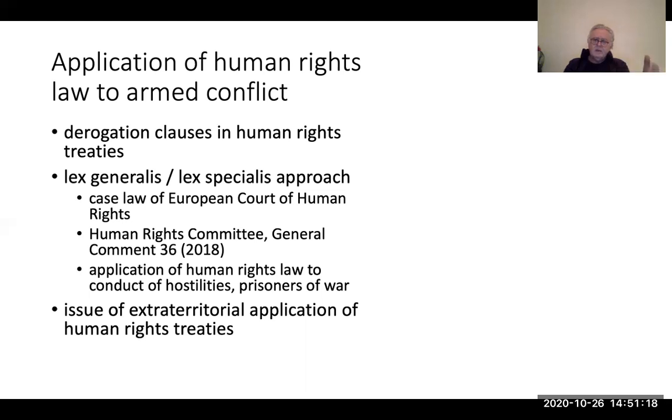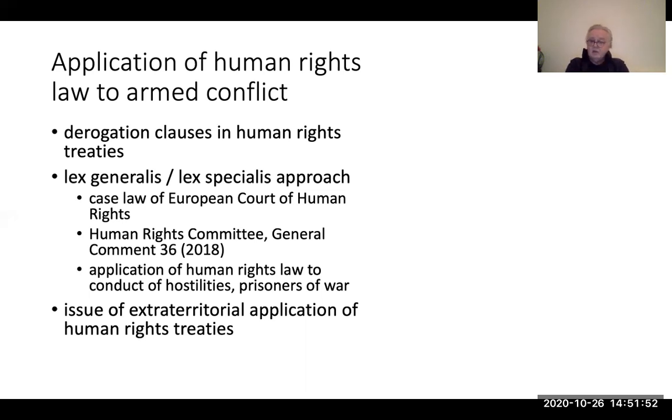Well, the issue first arose in a judicial sense before the International Court of Justice in the mid-1990s, when there was an application for an advisory opinion. It came from the General Assembly of the United Nations to the International Court of Justice about the legality of the use of nuclear weapons. And when it came to the court, there was an argument about which bodies of law would apply.